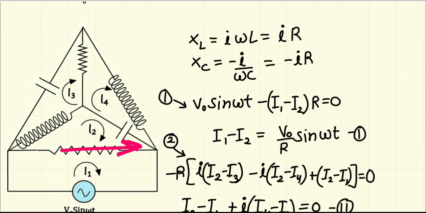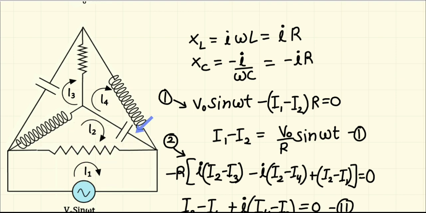In this question, the current in the rightward direction in this resistor, because of this lower loop, will be equal to I1 along the same direction, and because of this upper triangular loop, the current I2 will be towards the left. So of course the net current towards the right in this resistor can be taken as I1 minus I2.